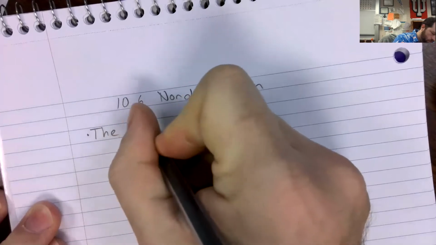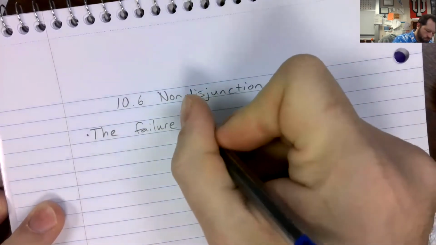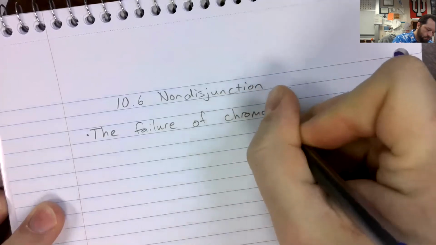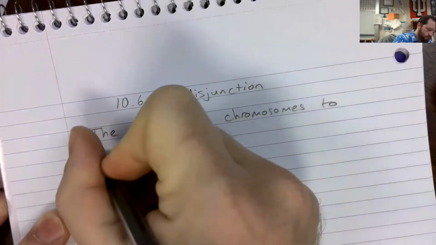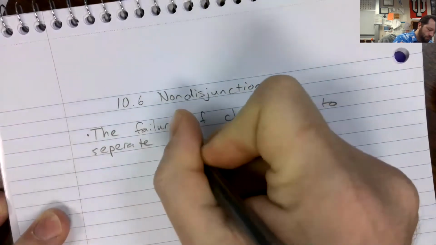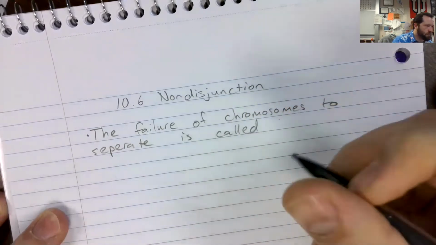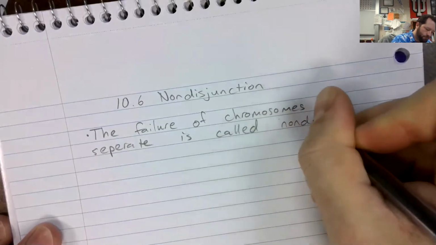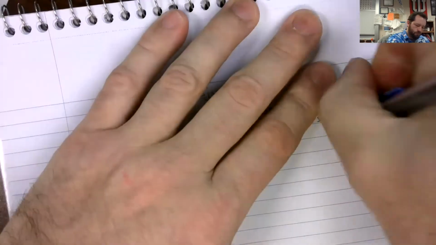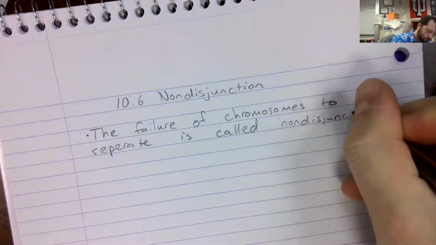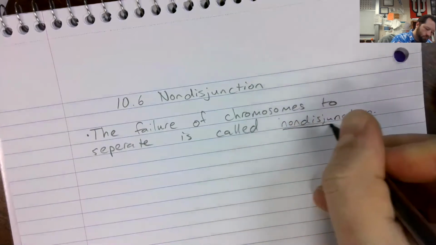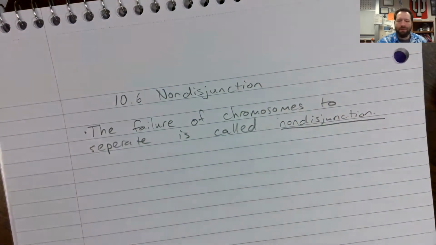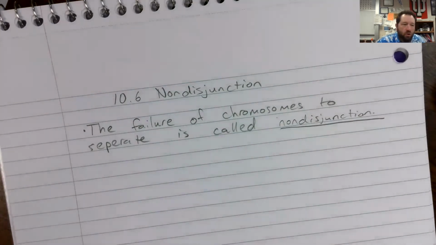And the idea, the concept here is the failure of chromosomes to separate properly is called non-disjunction.